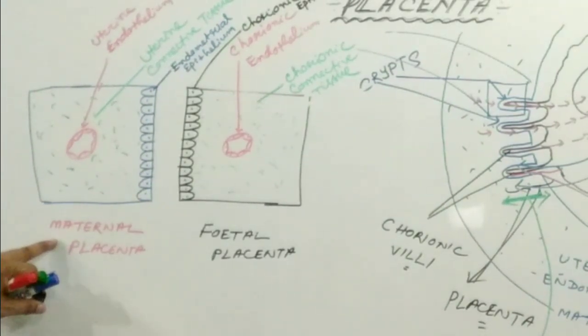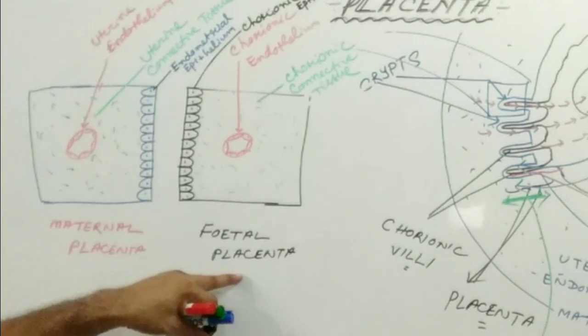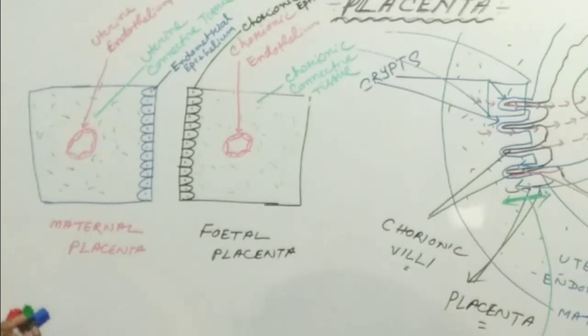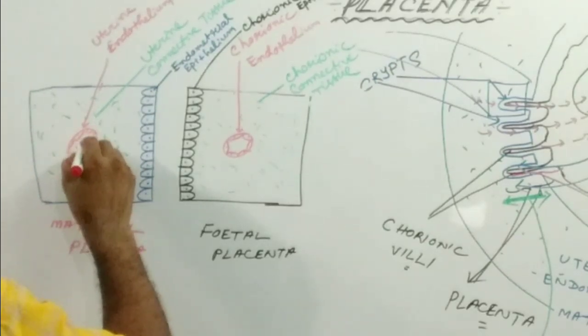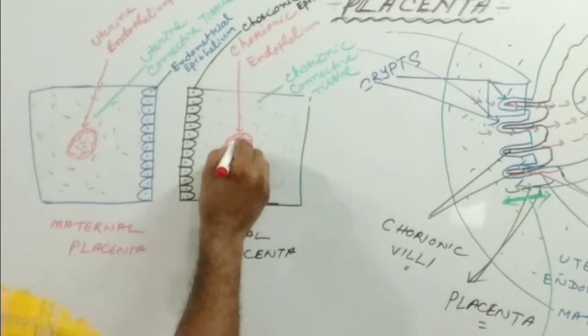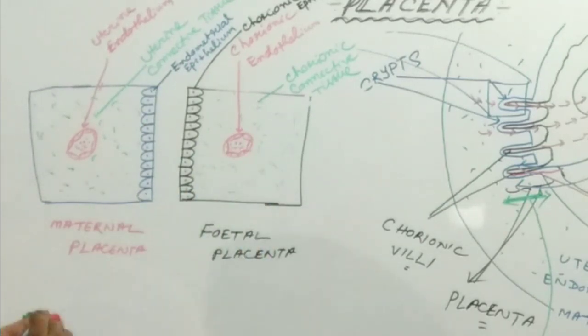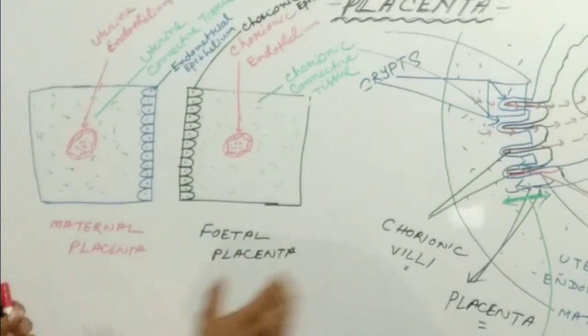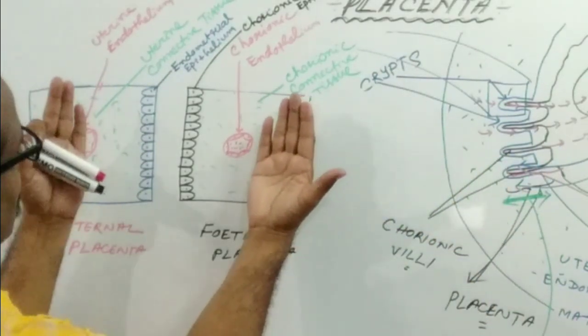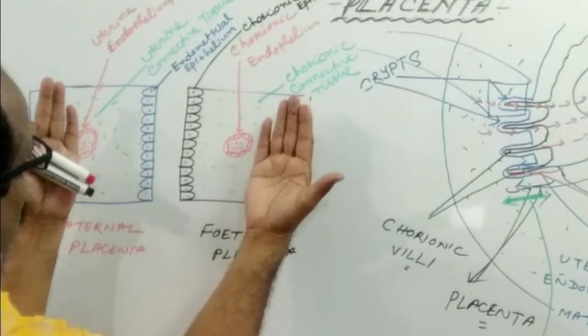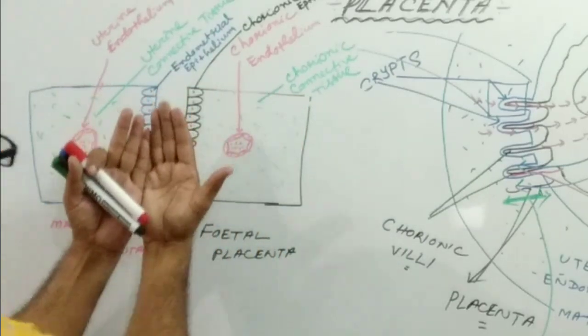So this is the maternal placenta and this is the fetal placenta. This is the blood of the mother, the uterine maternal circulation, and this is the blood capillaries of the fetus. Both the uterine tissue and the chorionic tissue come very close to each other.